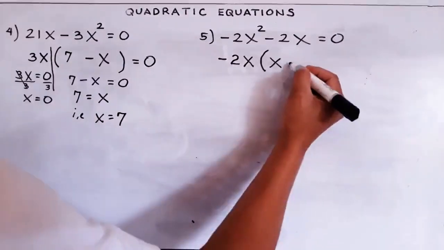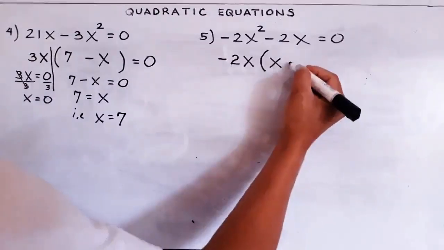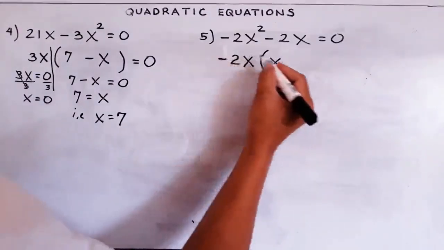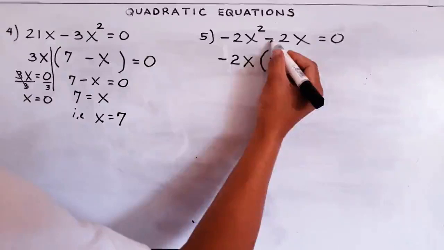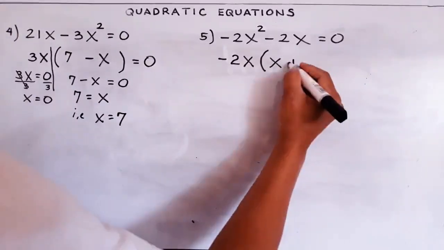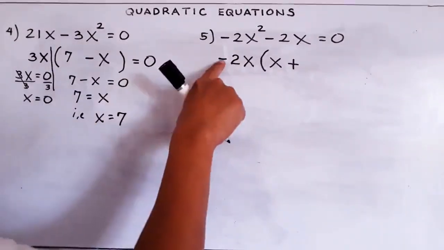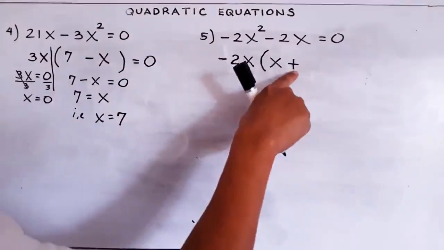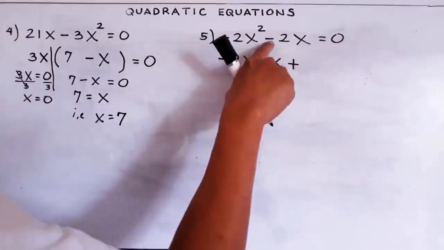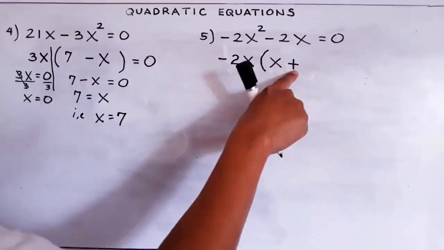It will not be negative because if you put negative here, when you multiply negative and negative, it will give positive. It is wrong. So here, just check to get the negative. If you multiply the negative here and the positive there, it should give the negative there. So the sign here must be positive.